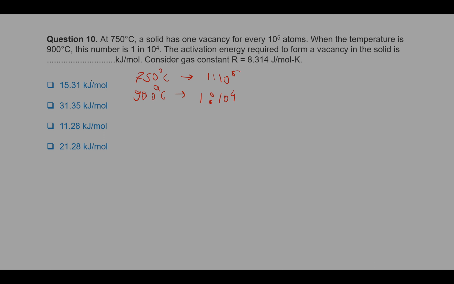The temperature is given in degree centigrade, but we have to convert these into Kelvin since the gas constant is in Kelvin. So it will be 1023 Kelvin for 750 degree Celsius, and for 900 it will be 1173 Kelvin.